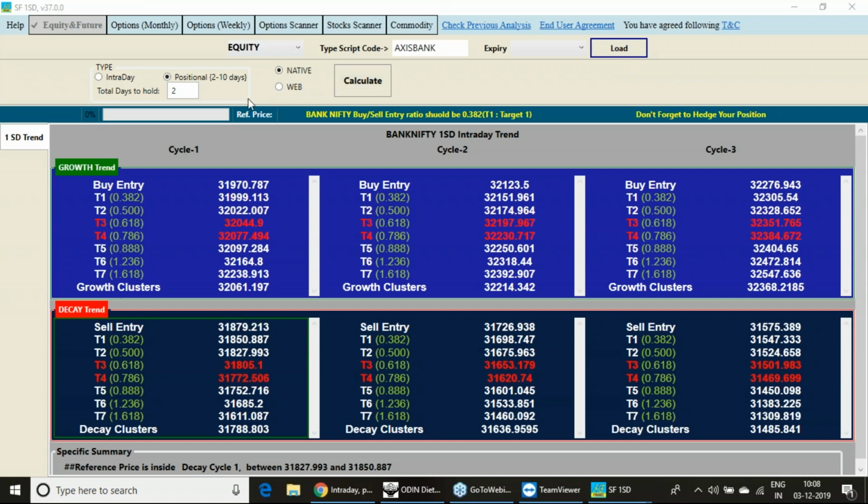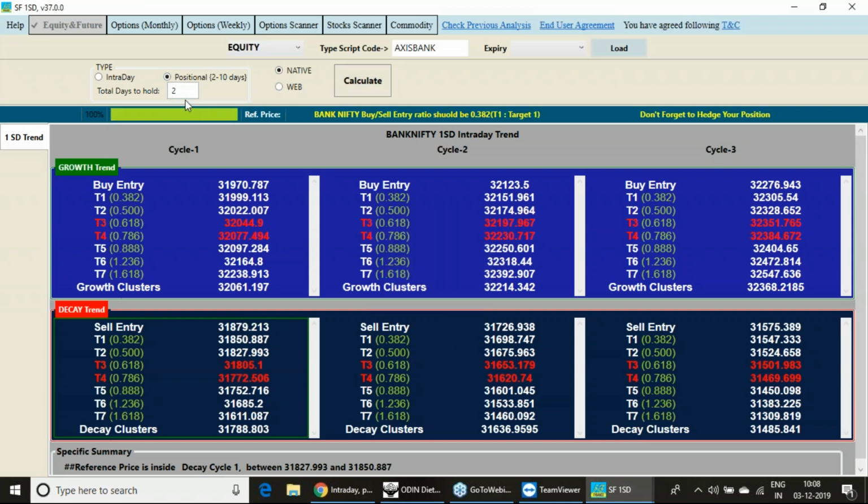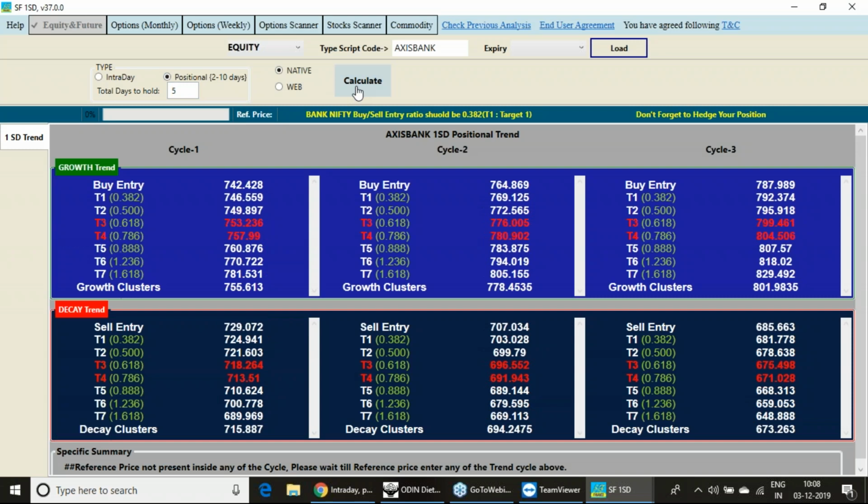Suppose I am going for Axis Bank's positional analysis. I am just hitting positional analysis. I want to hold it for 5 days. So I calculate here. For Axis Bank equity, I have calculated 742 above, it is recommending to buy. 725 will be my stop loss. These are the targets.